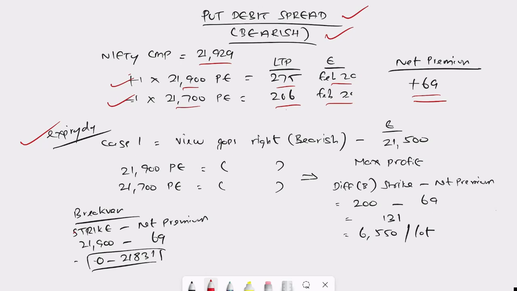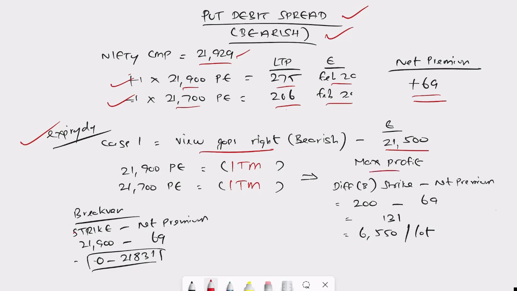Let's say the view has gone right and the market from 21,929 has gone down and closed at 21,500, right? Now what will happen to these two strikes? The 21,900 put option and 21,700 put option will become in the money, correct? So the premiums must have increased for both buy and sell leg, and which must give us the maximum profit.